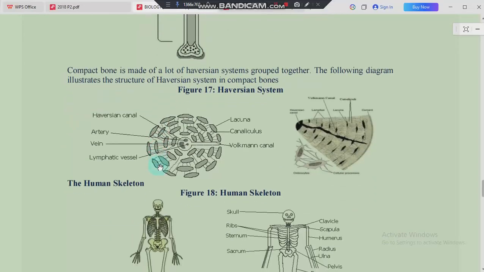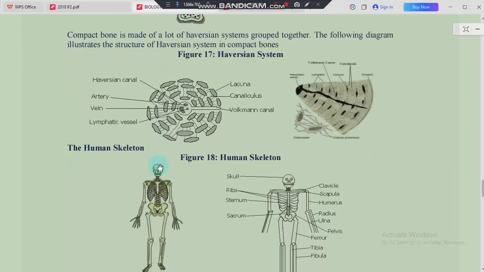Then we move on. So when we talk about the compact bone, the compact bone is made up of Haversian systems which are grouped together. The following diagram is going to illustrate the Haversian system in compact bone.